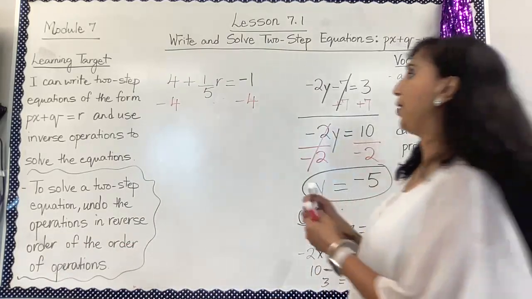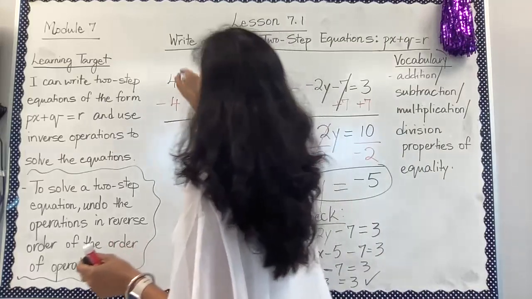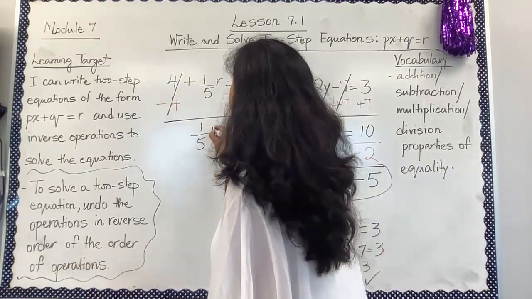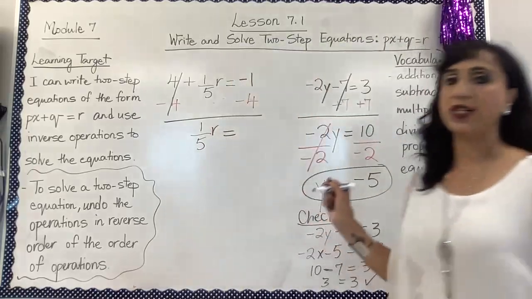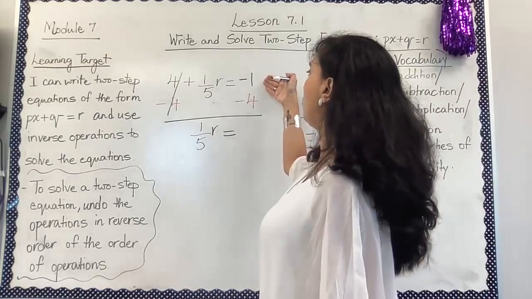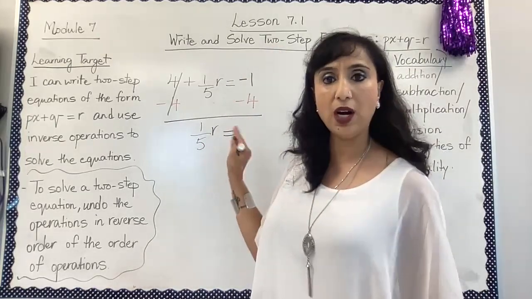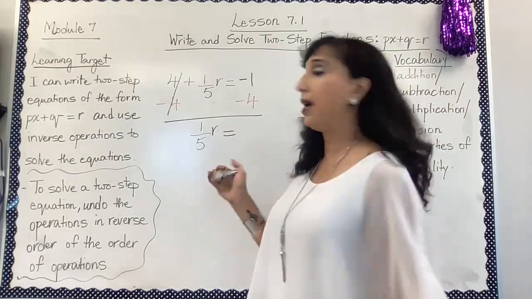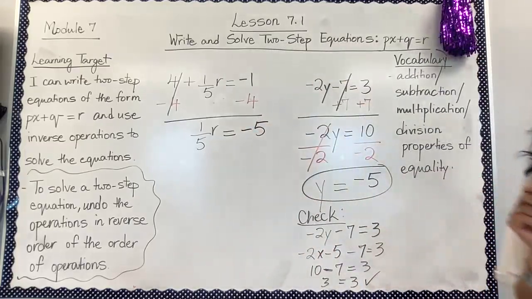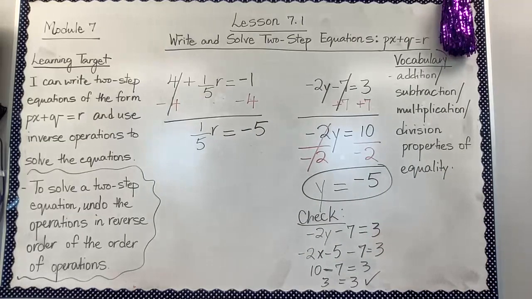And so 4 minus 4 is 0, and then I have 1/5 r is equal to, since they are both the same signs, -1 plus -4. So therefore, we end up with -5. Same signs, you add and keep the common sign.